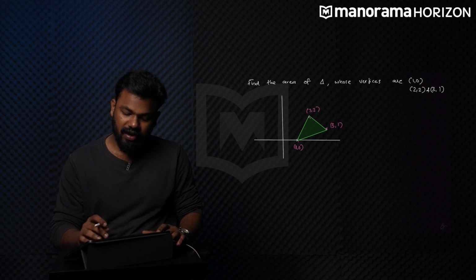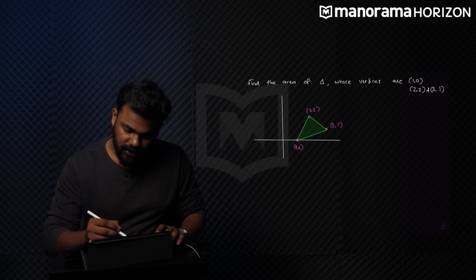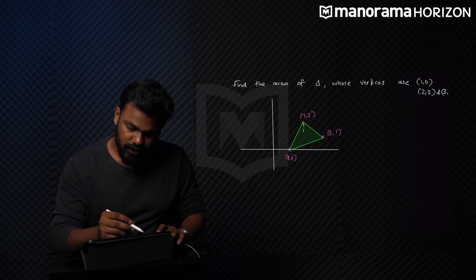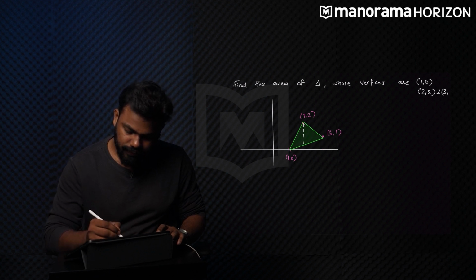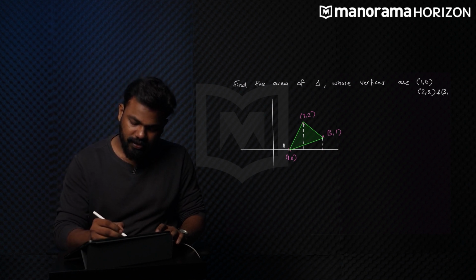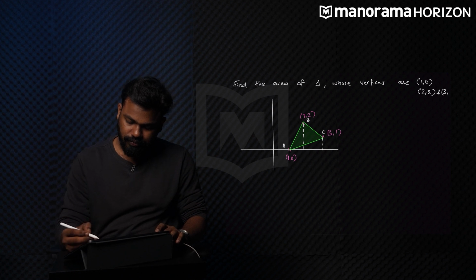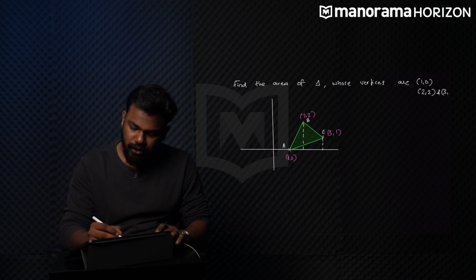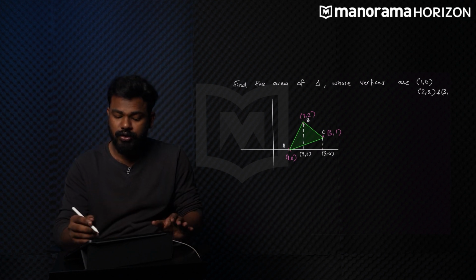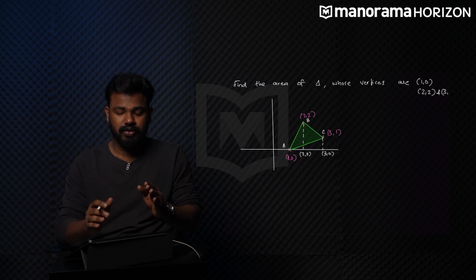So to find out the area of this triangle, I'm just going to draw a dotted line over here and here. And I'm marking this as A, this as B and this as C. So you can see that this point over here is 2, 0 and this coordinate over here will be 3, 0. So from 1, 0 to 2, 0 there is a straight line AB.